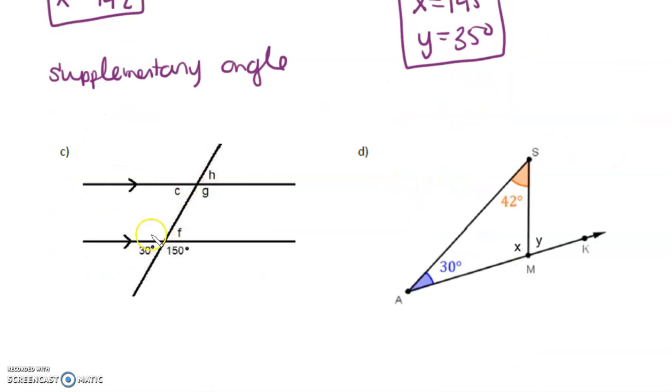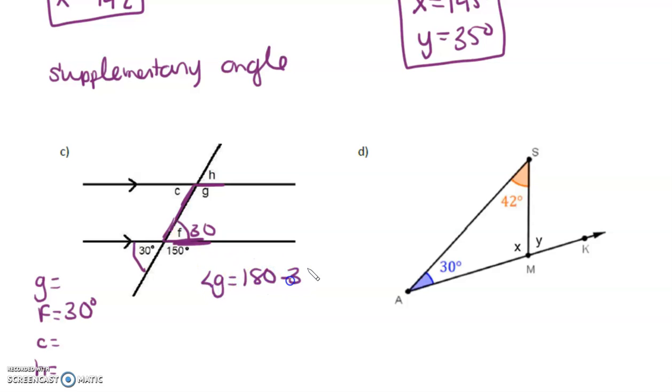Okay, now we have C. We're going to use opposite angles. So for example, we need angle F, C, H, and G. This is 30 degrees, so F is 30 degrees. That one's done. Okay, now we're going to use the C pattern here. So angle G is going to equal 180 minus 30.